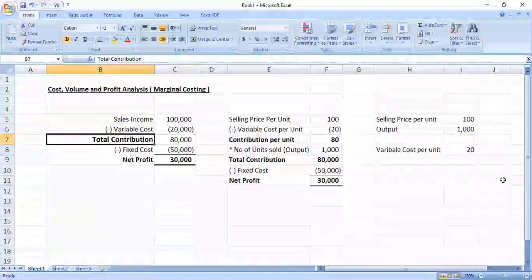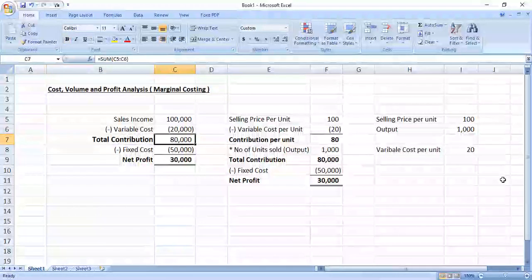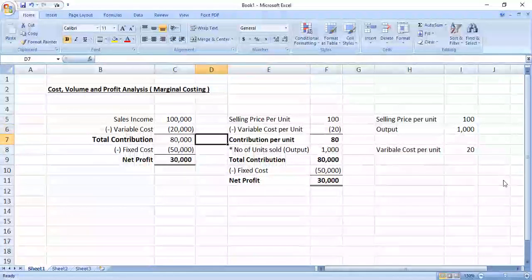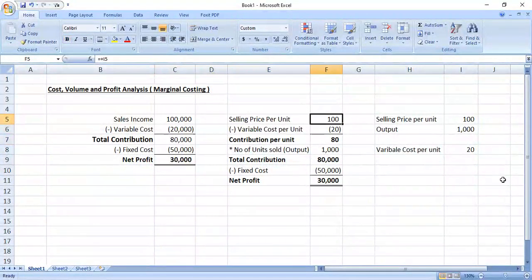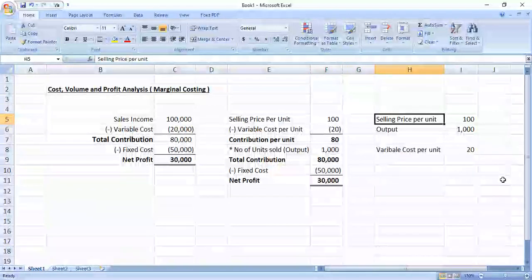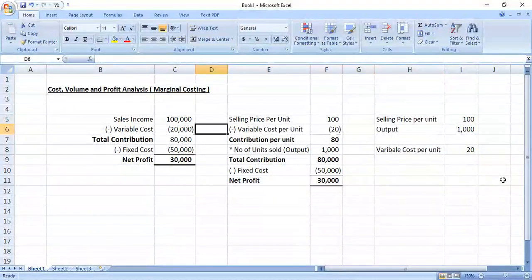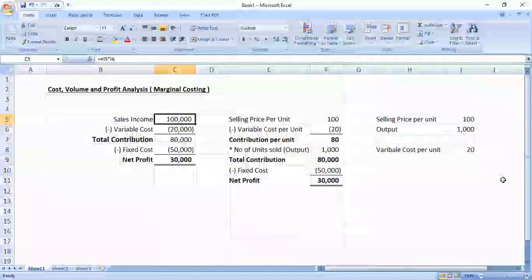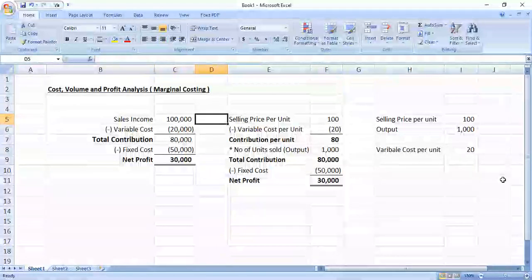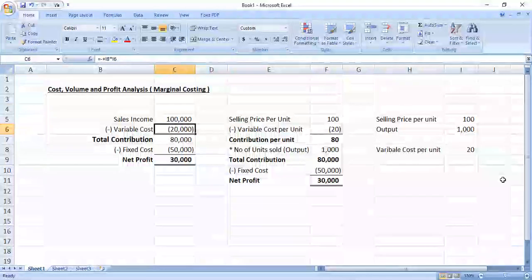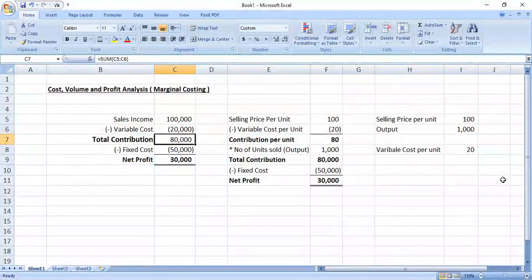We say contribution. How can you get the total contribution? From 1 unit of sales income, you deduct the variable cost per 1 unit, this 20. So you get the contribution from one unit, and you multiply that by the number of units sold, and you get the total contribution, which is the same as here. Here you take selling price per unit into number of units, variable cost per unit into number of units, so you get the total contribution.